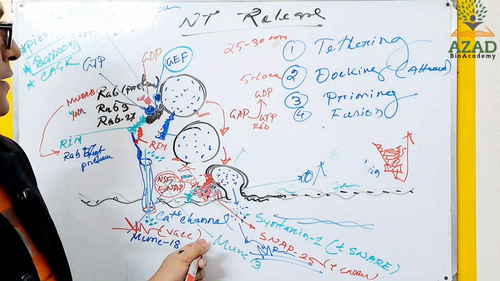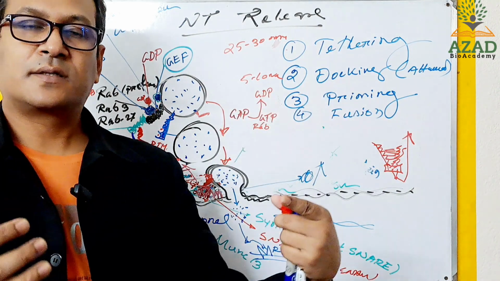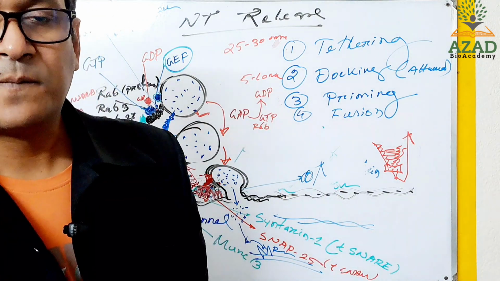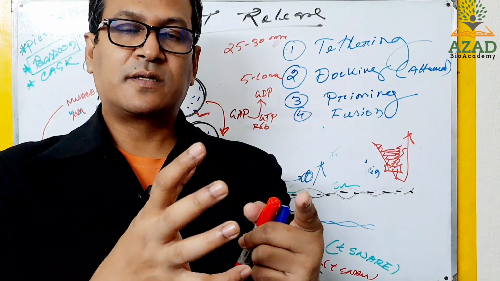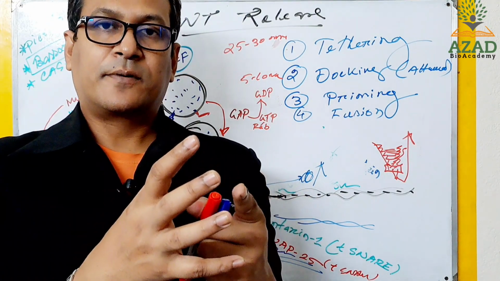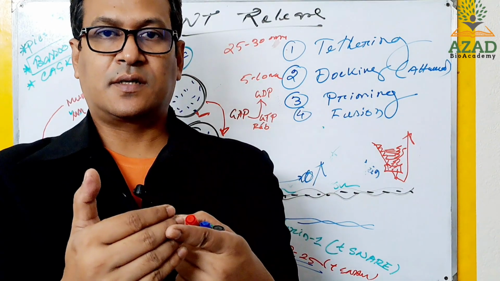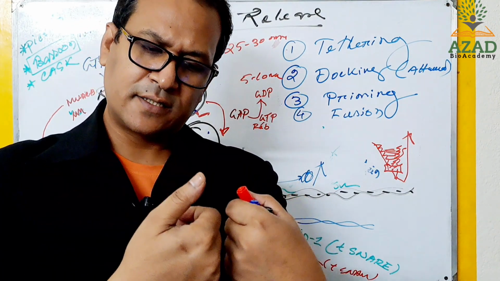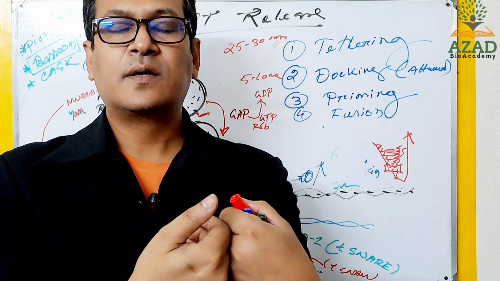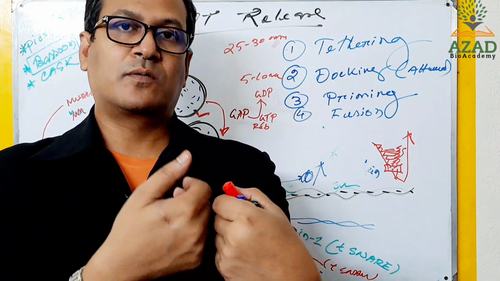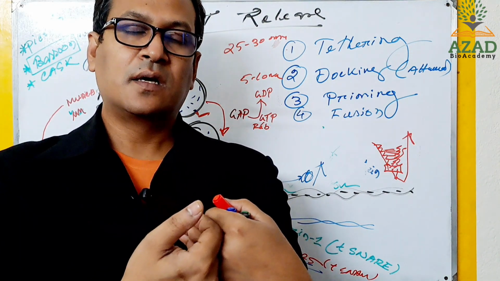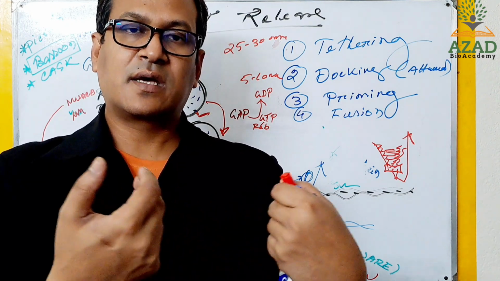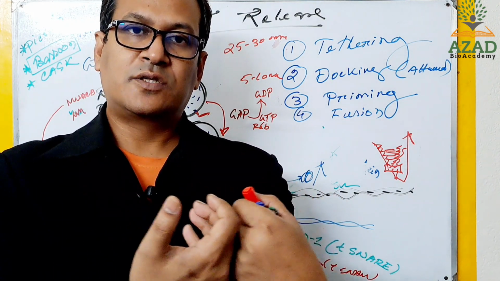Okay, and docking will ensure the pre-attachment of snare proteins, that is v-SNARE and t-SNARE. It will come very close to each other. You can say it is already attached, but not making any conformational change or any cross-linking, any zippering.